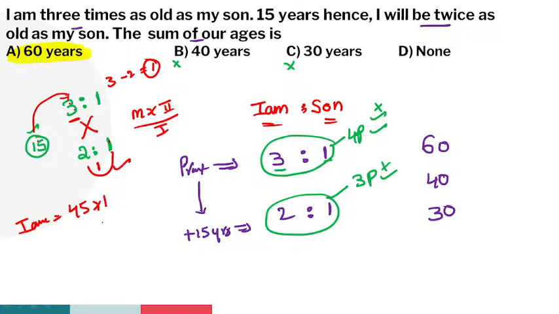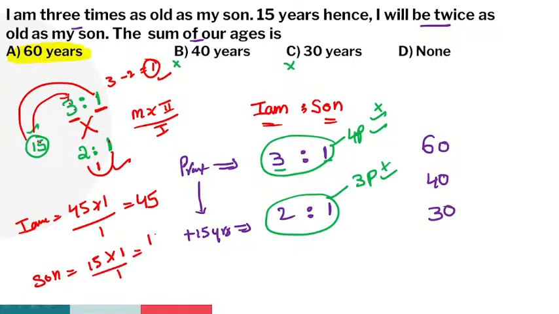Step 2 difference is how much? 1 by step 1 difference is how much? 1. I am 45 years. Find out my son age. Son is how many parts here? One part. After how many years? 15 years. 15 into step 2 difference by step 1 difference is equal to 15.